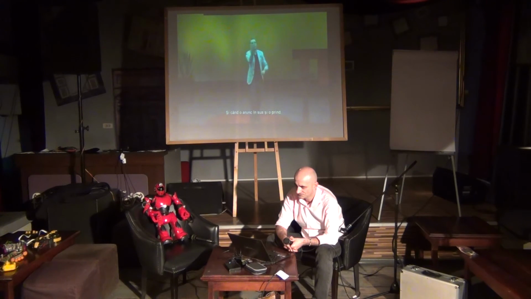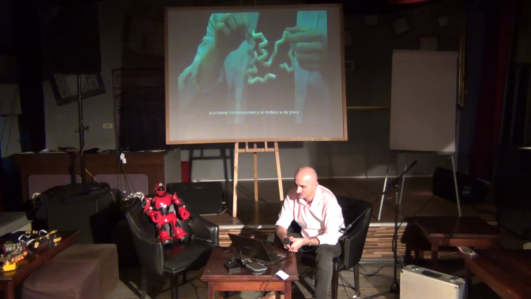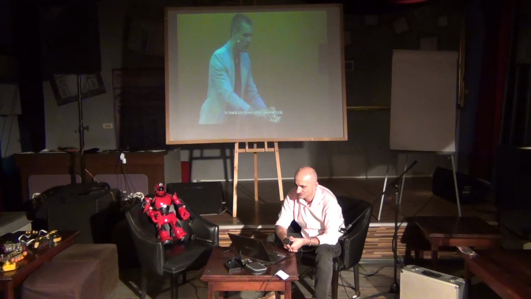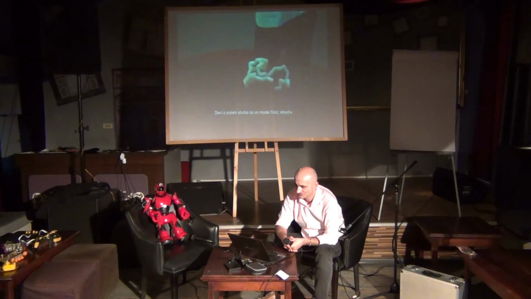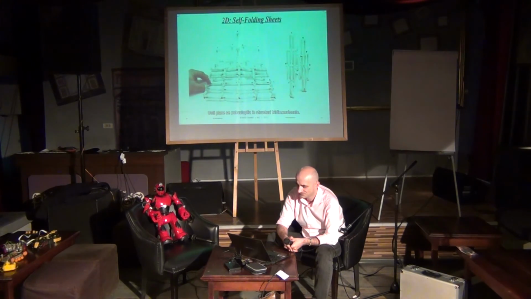And when I throw this up into the air and catch it, it has the full three-dimensional structure of the protein, all of the intricacies, and this gives us a tangible model of the three-dimensional protein and how it folds, and all of the intricacies of the geometry. So we can study this as a physical, intuitive model. And we're also translating that into two-dimensional systems. So flat sheets that can self-fold into three-dimensional structures.